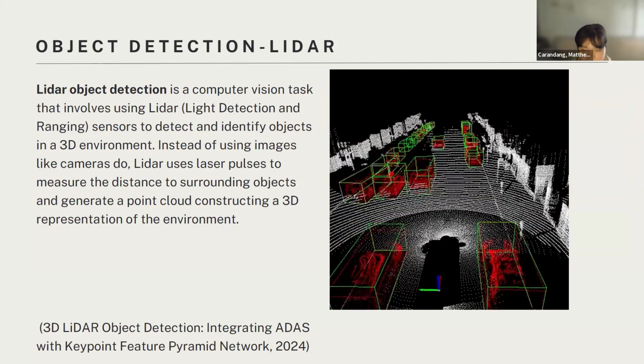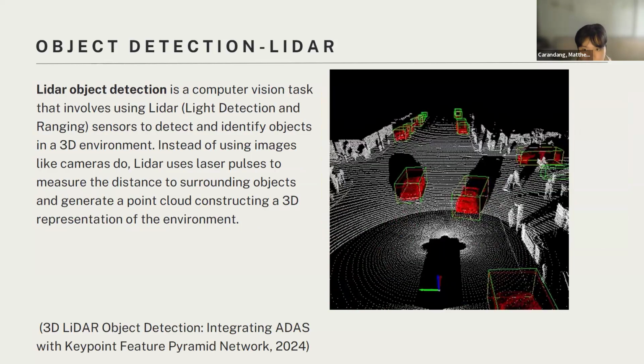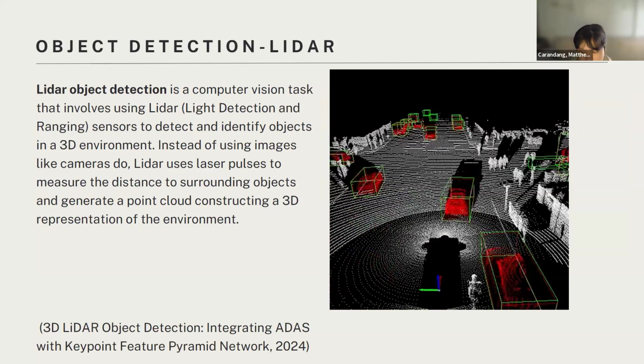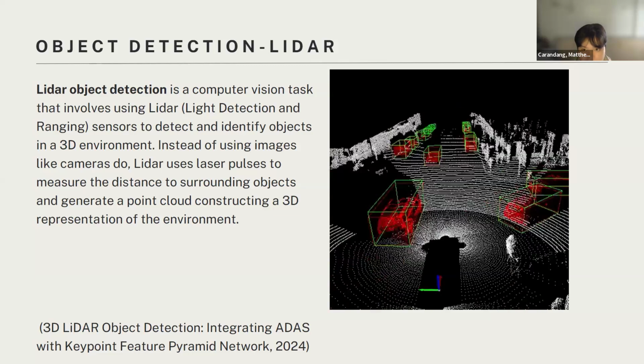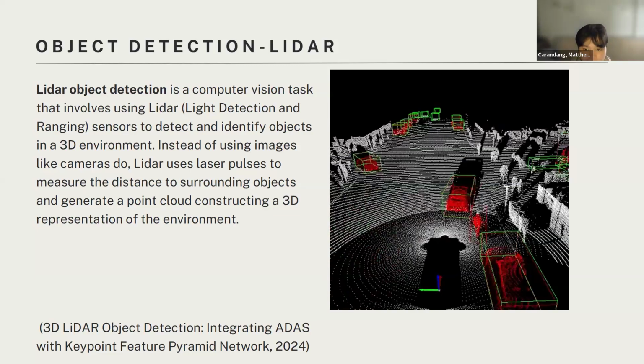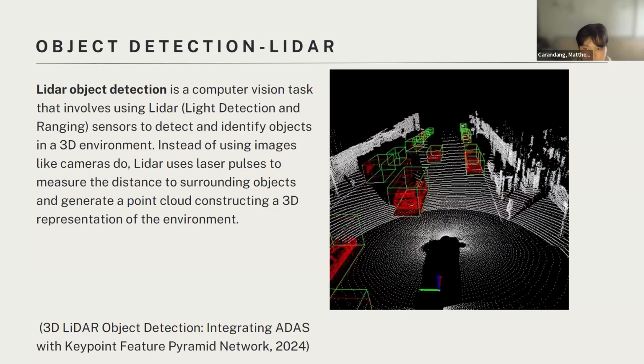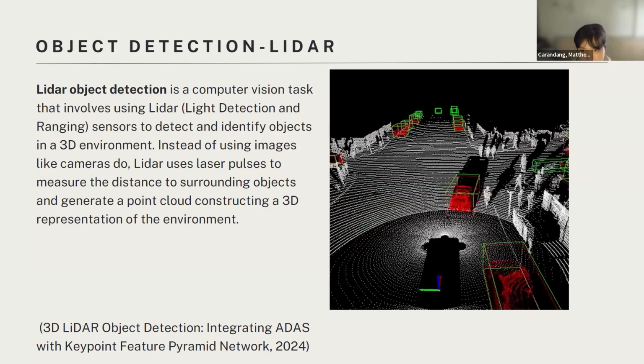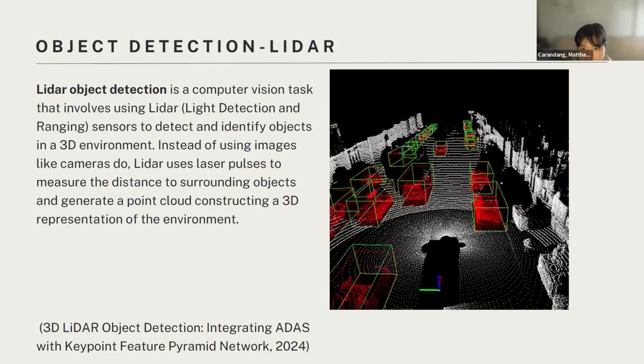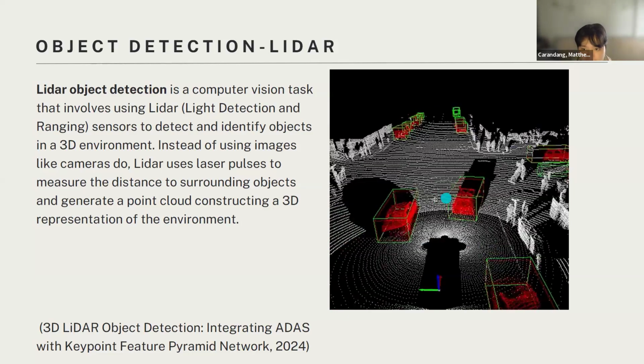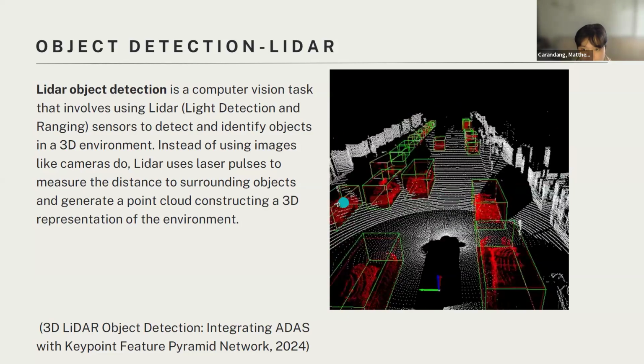Once a beam hits an object, it then travels back to the LiDAR sensor. The time it takes for it to travel to the object and bounce back to the sensor is your data point.